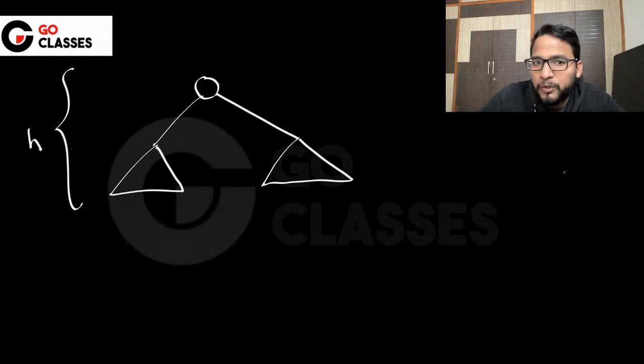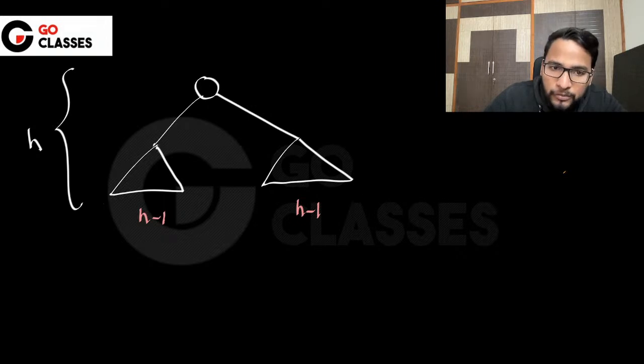The height h is possible only when one of them has height h minus 1. The other could be h minus 2 or h minus 1 also. So this is one possibility, which means one of the subtrees must have height h minus 1. This is another possibility, where this is h minus 1 and this is h minus 2, or vice versa, right?